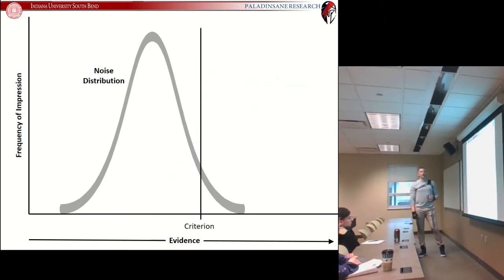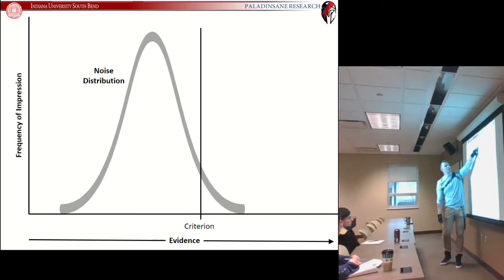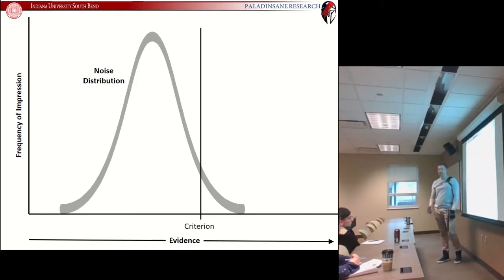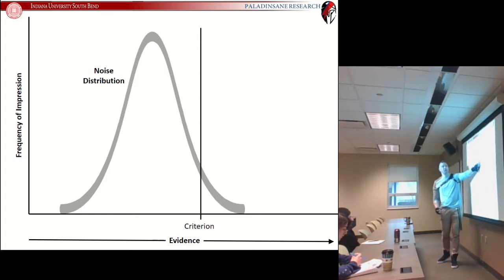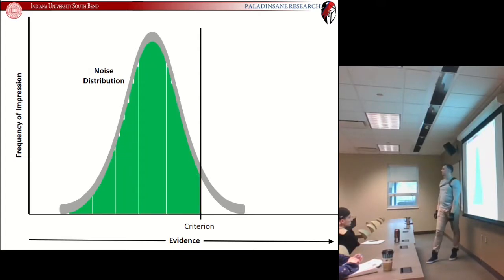So let's take a look at what happens when there's just the noise distribution. Below criterion, most of the time, your noise distribution is below your criterion. And what that means is that anytime that there's this much of your noise distribution, because it's below the amount of evidence that you have chosen as your cutoff line, if you have this much activation, you're going to say, I do not hear a target, nothing is there, and that's called a correct rejection.